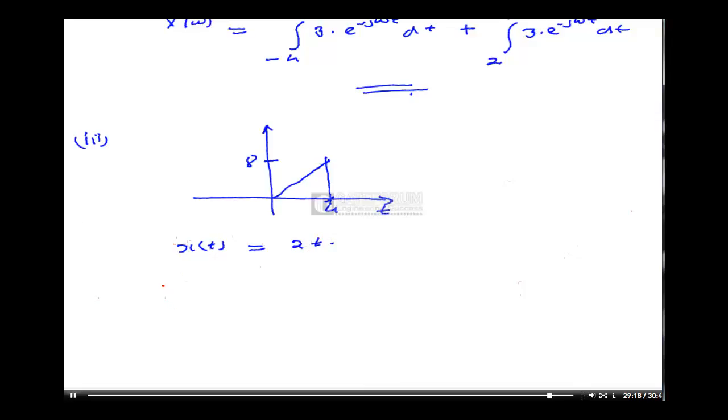Okay. So X of omega will be the integral from 0 to 4 of 2t e to the power minus j omega t. Solving this integral will give me the Fourier transform of the given figure.